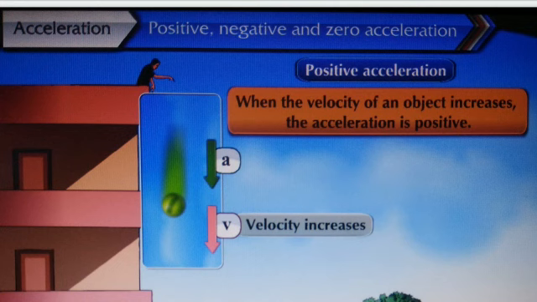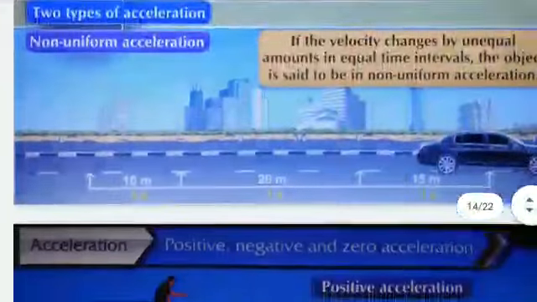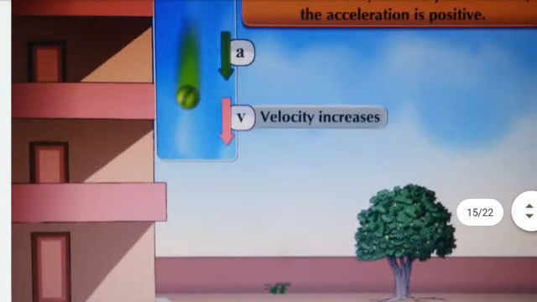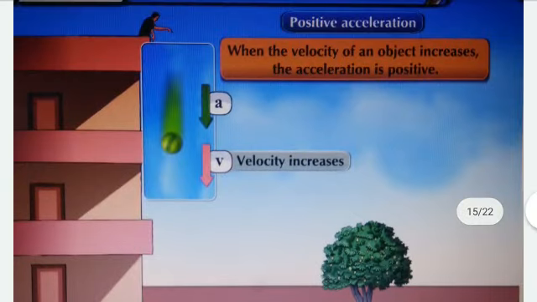In this example, a ball is thrown from the top of the building having velocity u. As it comes down, velocity increases, it becomes v. This is the example of positive acceleration.